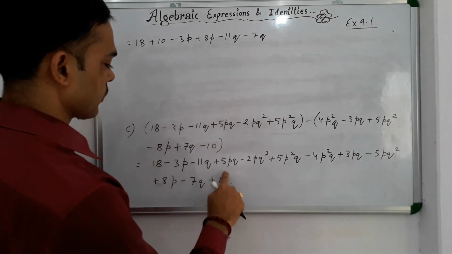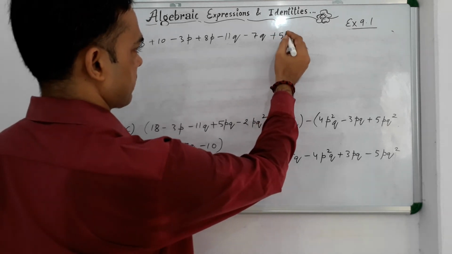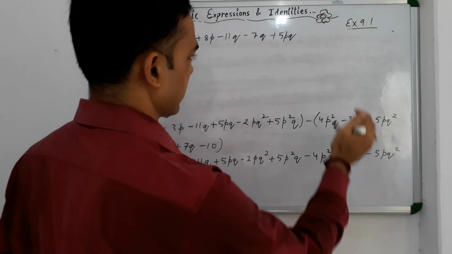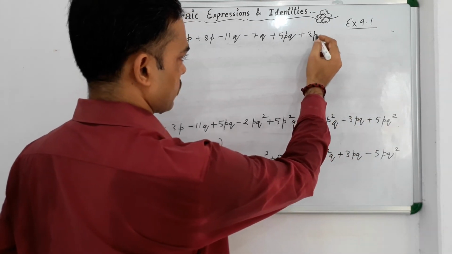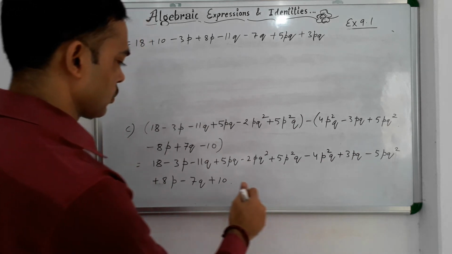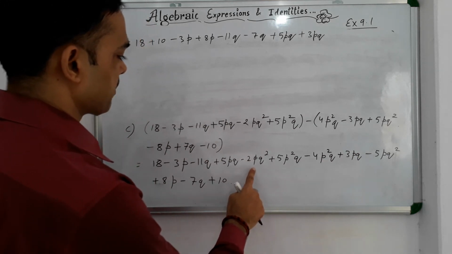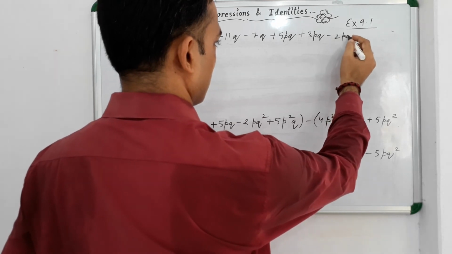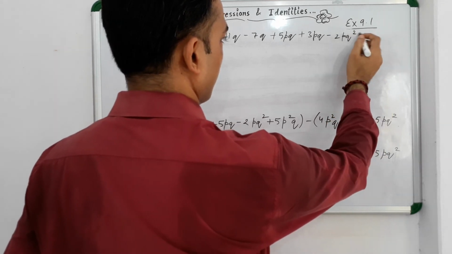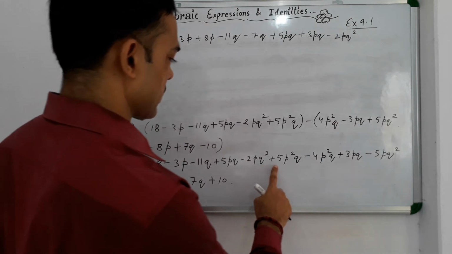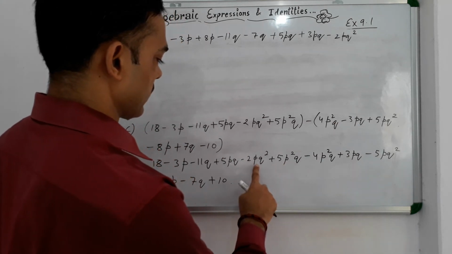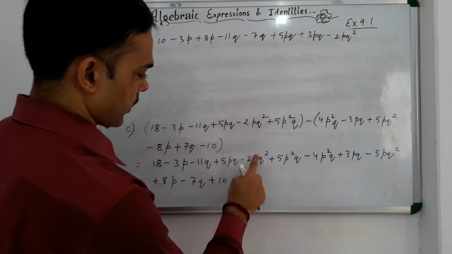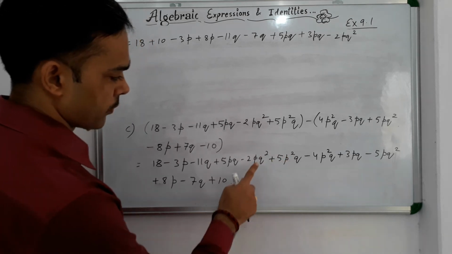Then after q we have taken plus 5pq. And where do you find pq after this? Pq is over here, so plus 3pq. Then after pq we have taken pq square, so minus 2pq square. And when this pq square, let's search, it is p square q. See, the exponent of p is 1, over here it is 2.